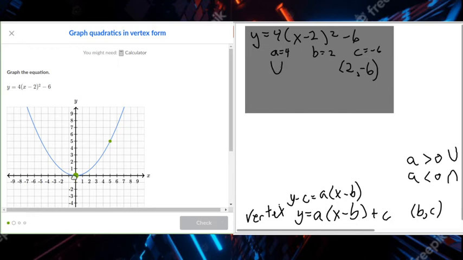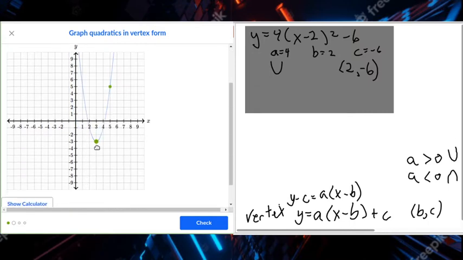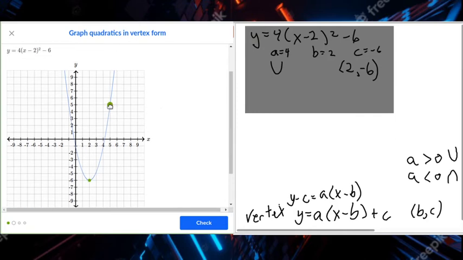So my vertex is at 2, -6, and I know this opens up. So let me start there. 2, and it's going to have to be down here, -6, and I know it opens up. So I could find the value when x equals 0. That looks like a good choice.